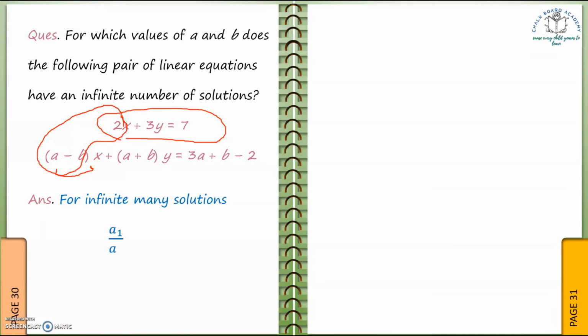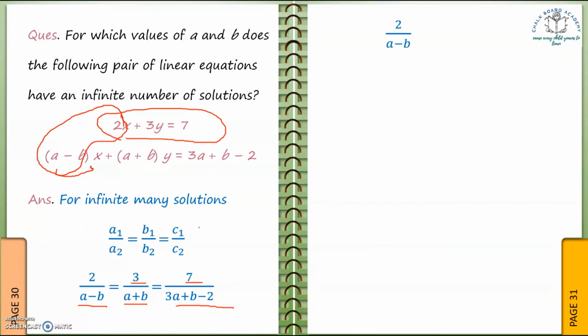Here a1 is 2 and a2 is a minus b, b1 is 3, b2 is a plus b, and c1 is 7 and c2 is 3a plus b minus 2. Now we will be using two ratios at one time, and we'll find two equations, and thereafter we will equate them to find the values of a and b.